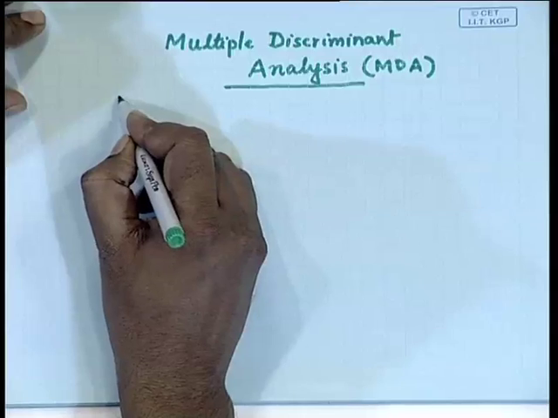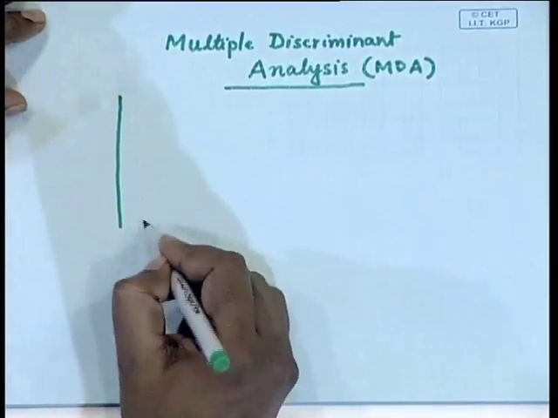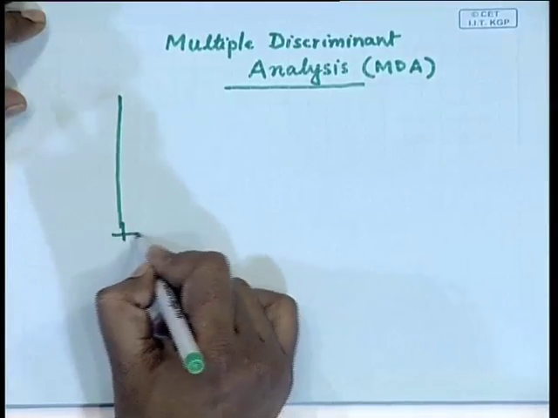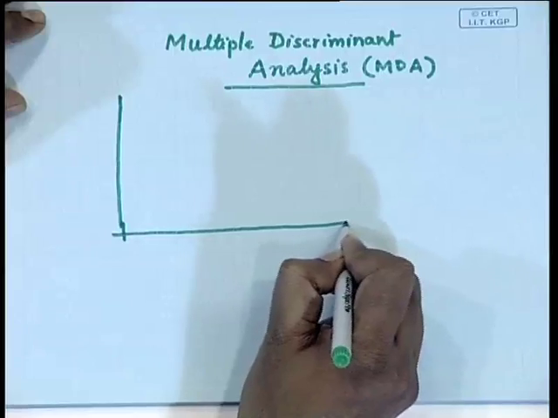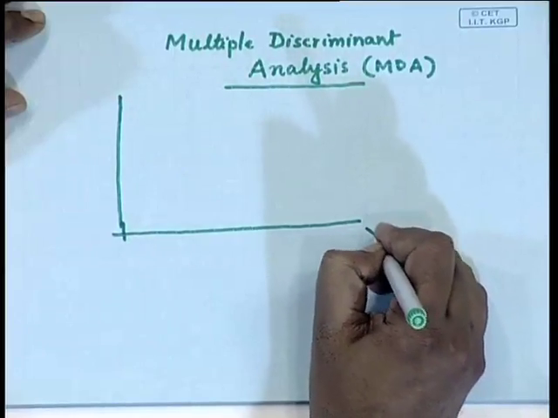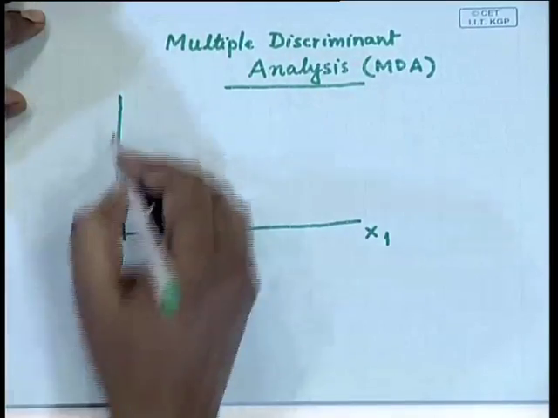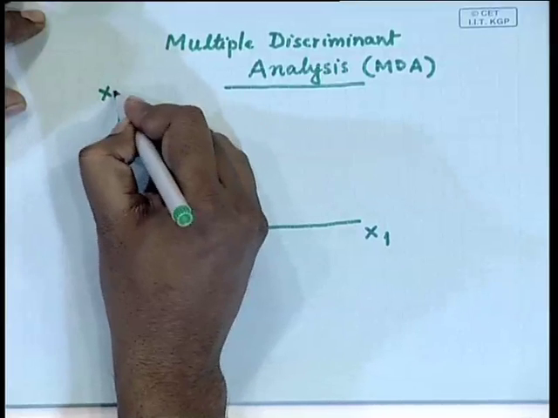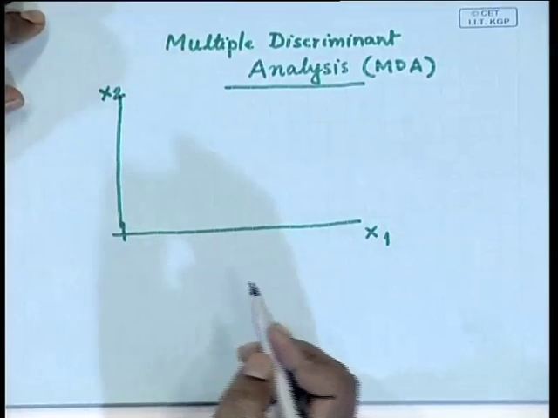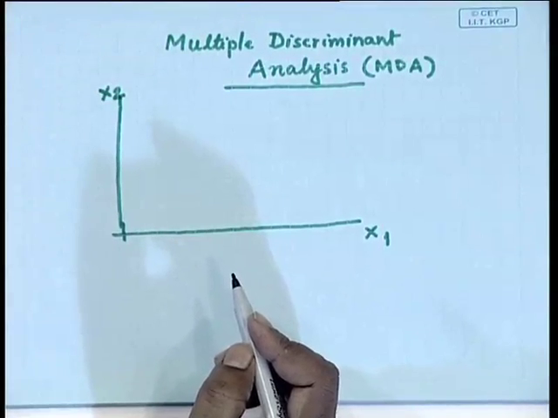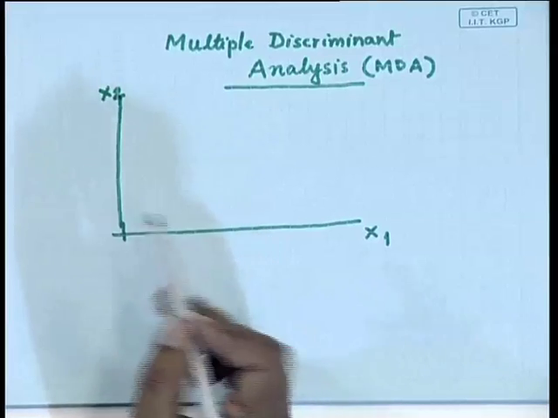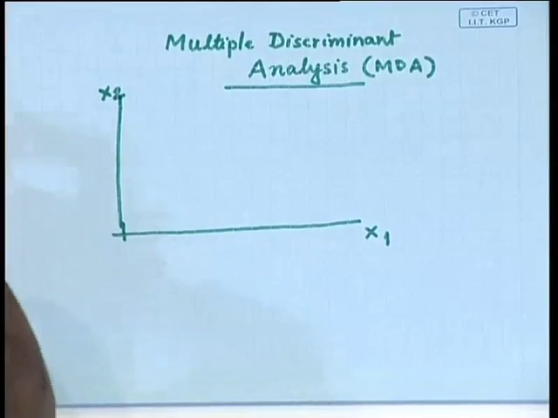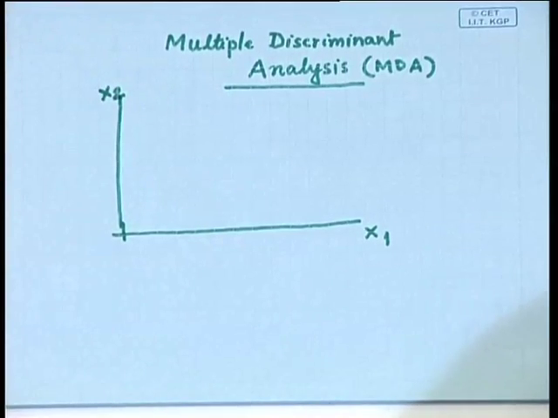Let us just take a sample situation, say something like this. Suppose I have a two dimensional feature vector, one feature component is x 1, the other feature component is say x 2. Okay. And the data distribution, let us assume, is something like this.